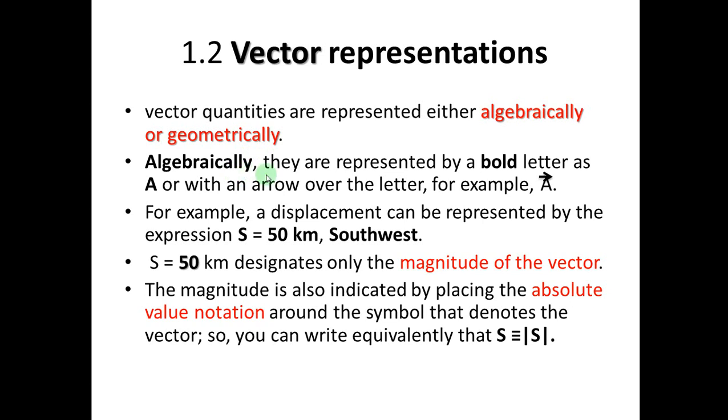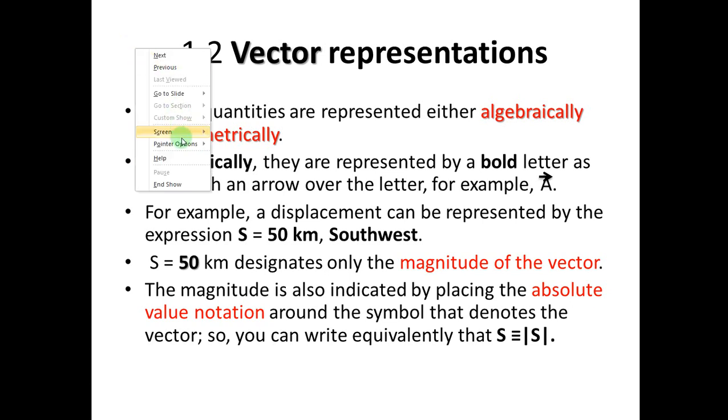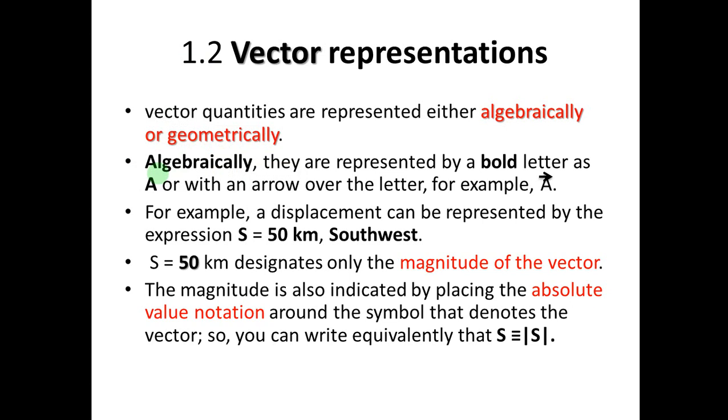How can you represent a vector algebraically? Algebraically, a vector can be represented by a bold letter as A. Here, the bold capital letter A represents a vector. Another way of representing a vector is an arrow over the letter.